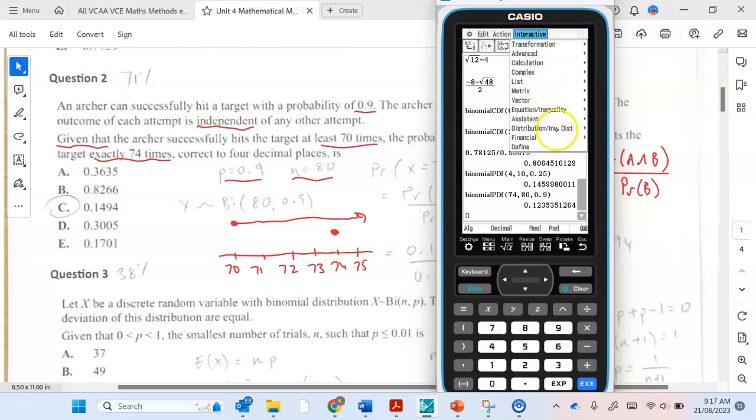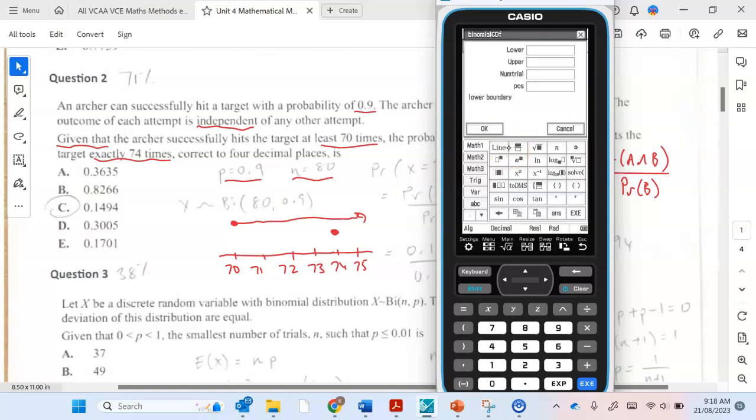Then we'll just do our denominator, our CDF. Your lower limit is 70, we're including 70, which is important when you're working with discrete. Upper limit is 80. Number of trials is 80, and the probability of success is 0.9.